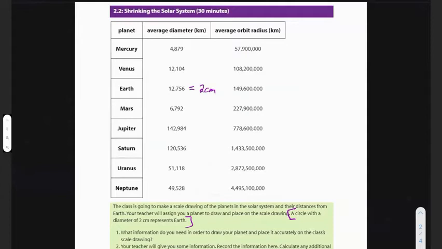So if you were to draw this with chalk, here's the sun, Mercury's over here, Venus is a little bit bigger, Earth is pretty much the same size as Venus, just a tiny bit bigger.